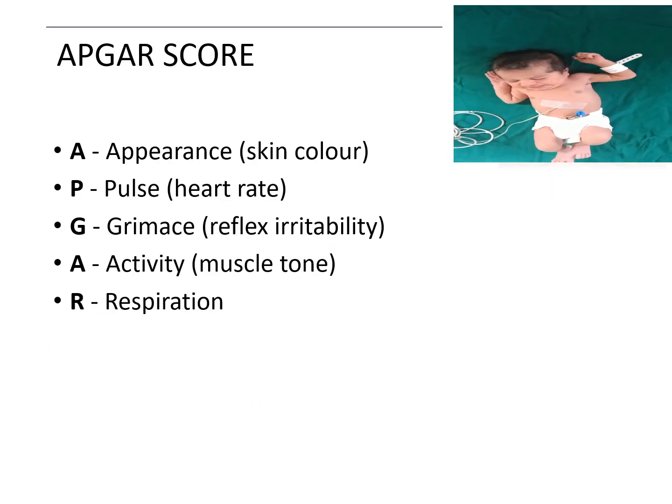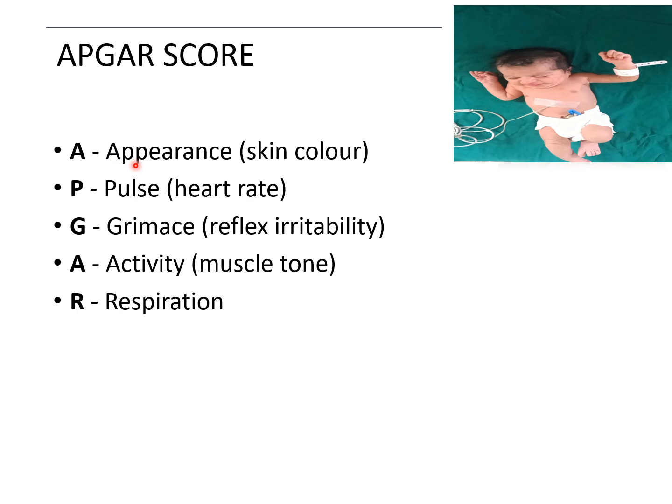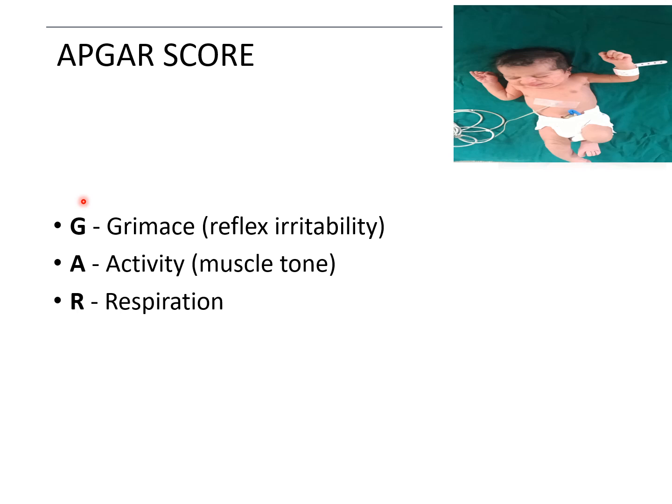In the Apgar score, A stands for appearance of the baby, meaning skin color, either pink, pale or cyanosed. P stands for pulse, the heart rate, which we have to calculate. G is for grimace, reflex and irritability, crying, everything we have to see.